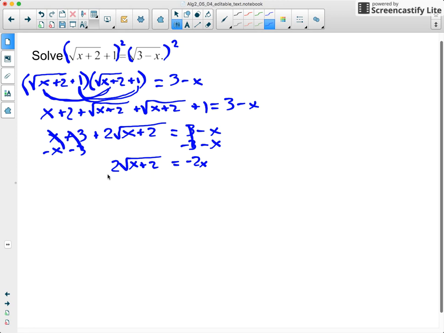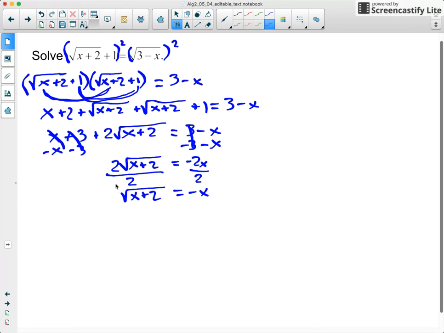We still want to isolate the radical, so we'll divide both sides of the equation by 2. And that leaves us with the square root of x plus 2 equal to negative x.